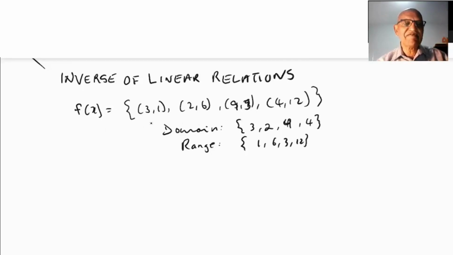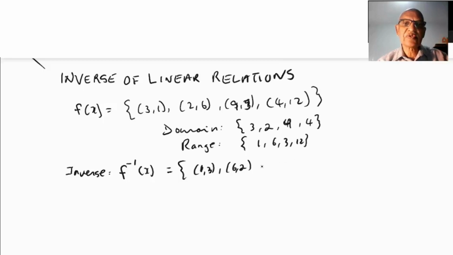So to find the inverse of this, inverse means exchanging x and y. The symbol for inverse is f minus 1. f minus 1 is exchange x and y: (1, 3), (6, 2), (3, 9), and (12, 4).